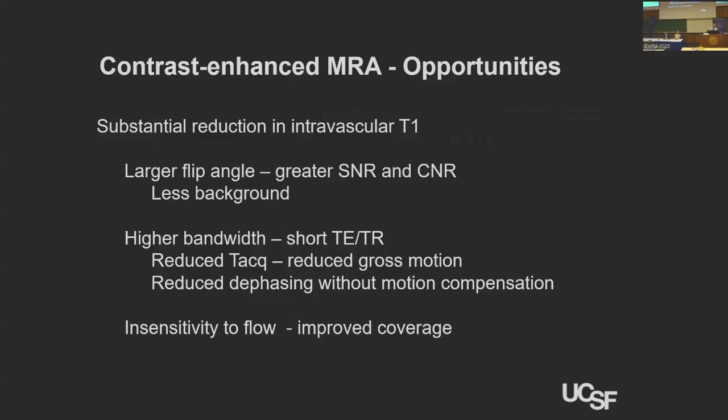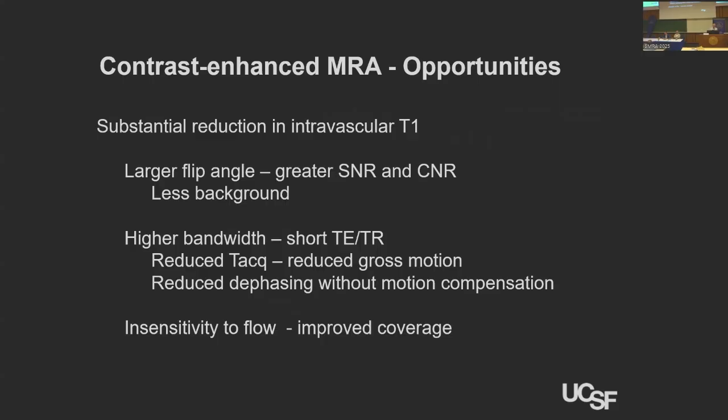Given that, this permits a larger flip angle to extract greater signal to noise. We no longer have to worry about signal saturation, and we get greater contrast to noise ratios and a better suppression of the background signal.